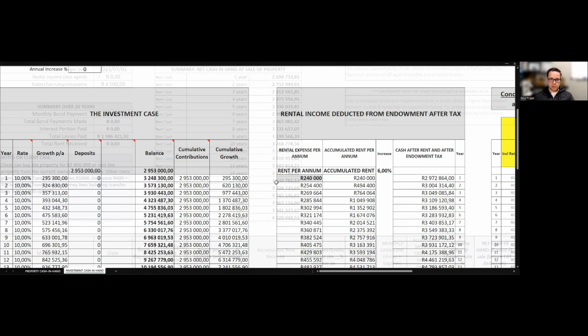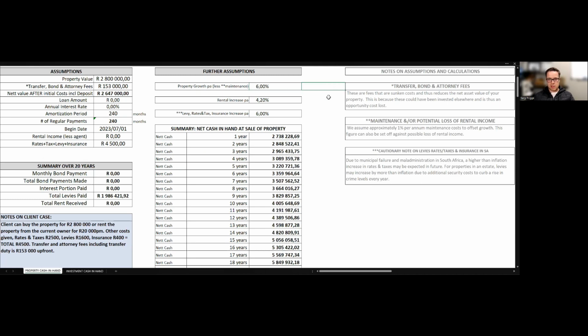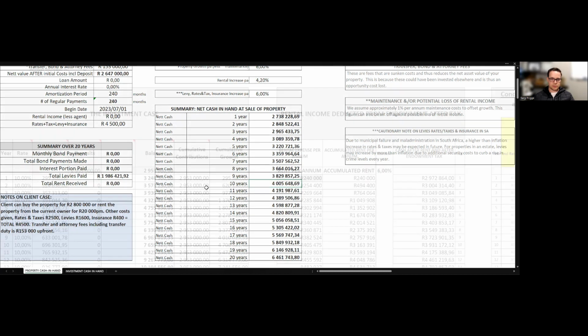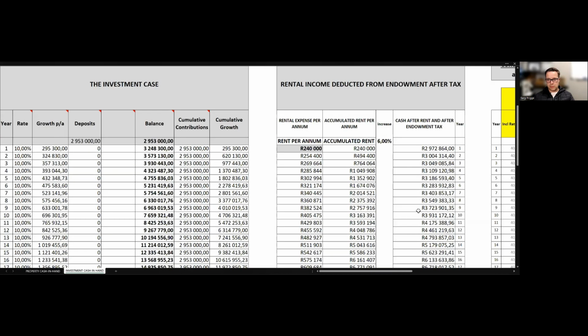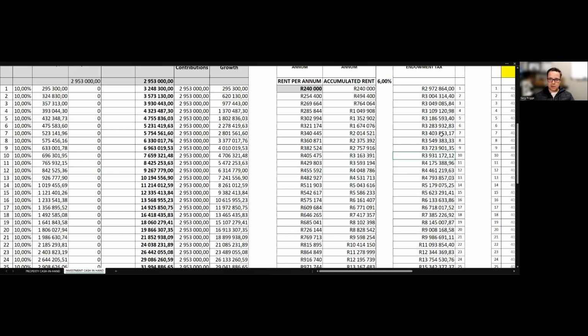Let's change some other assumptions. Let's assume you get 6% return on your property. After 20 years, you'll have 6.4 million. After 10 years, 4 million. Okay. After 10 years here, you'll have 3.9 million. So it gets a bit closer.